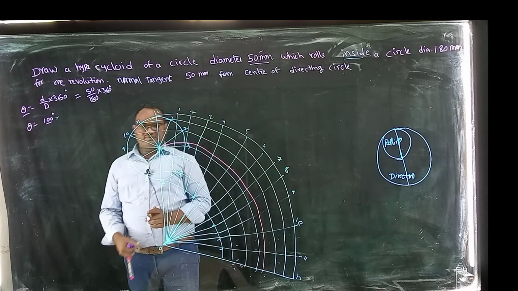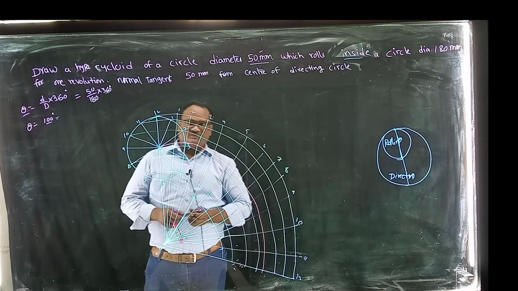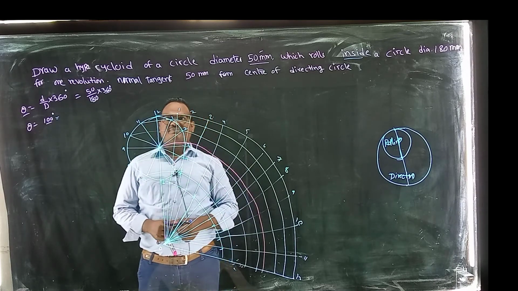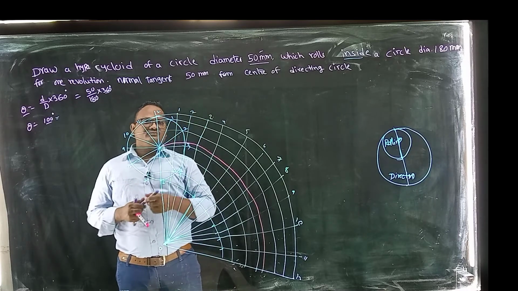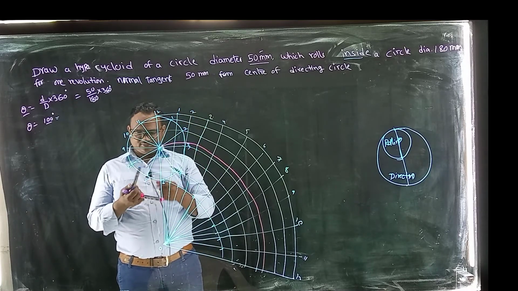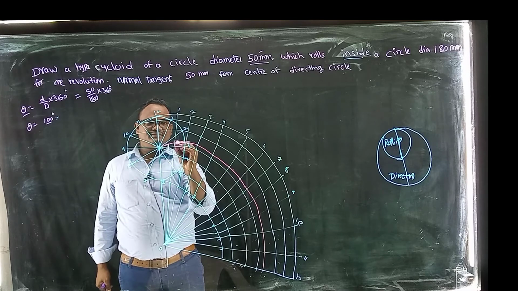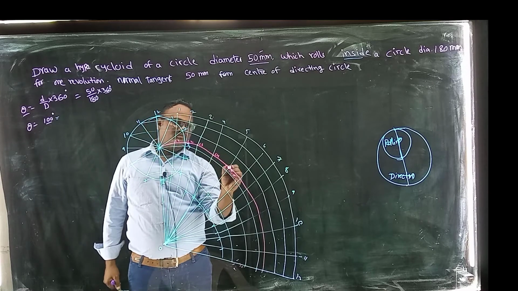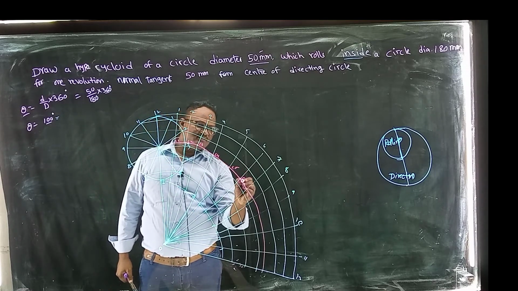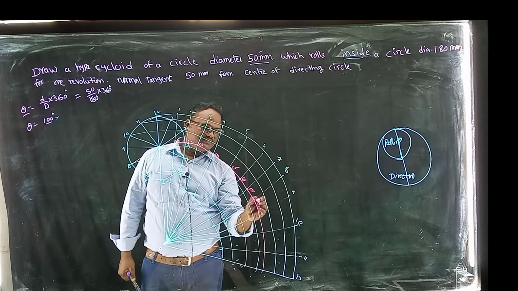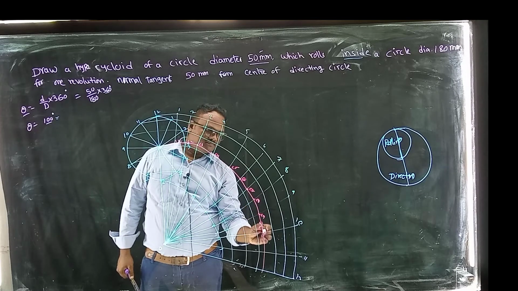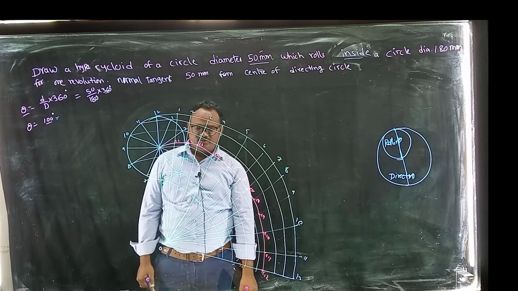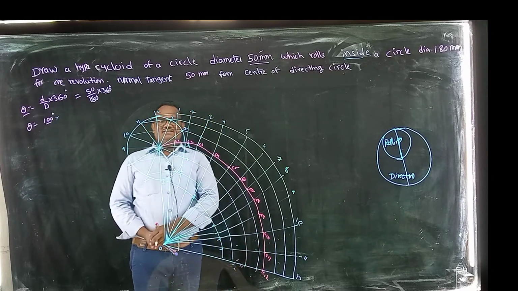Like this you have to divide this 100 degrees into 12 equal parts. Now from 1 up to the center, this is C1, C2, C3, C4, C5, C6, C7, C8, C9, C10, C11, and this is C12. Like this you have to consider the center points.